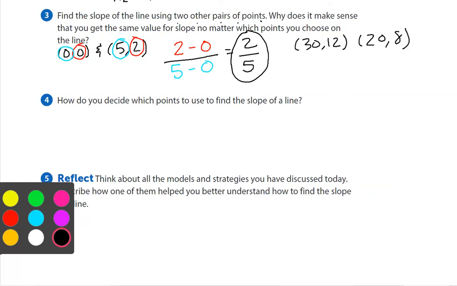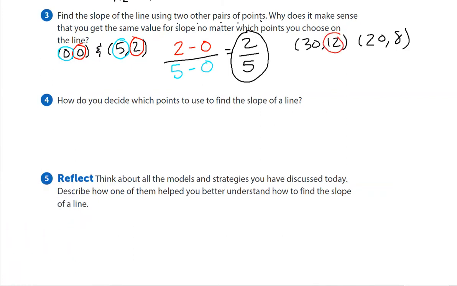Same deal here. We're doing the y's on top, second one first: 8 minus 12, and then 20 minus 30. 8 minus 12 is negative 4.